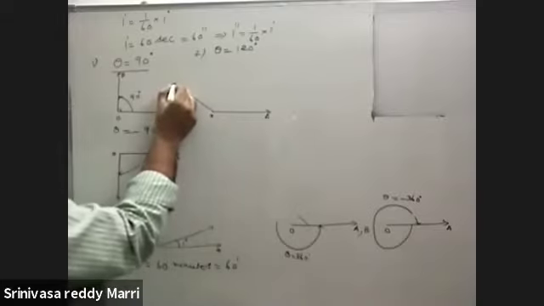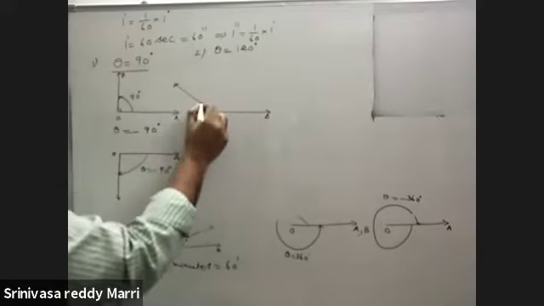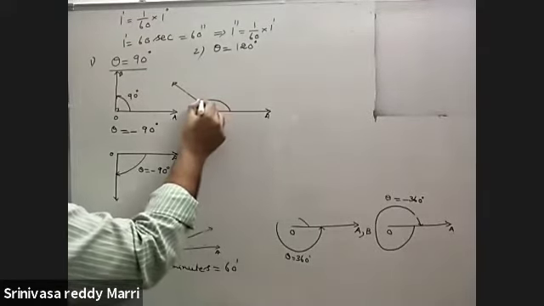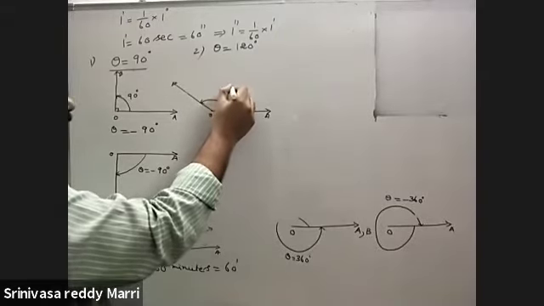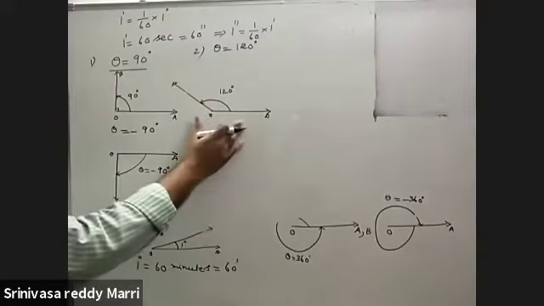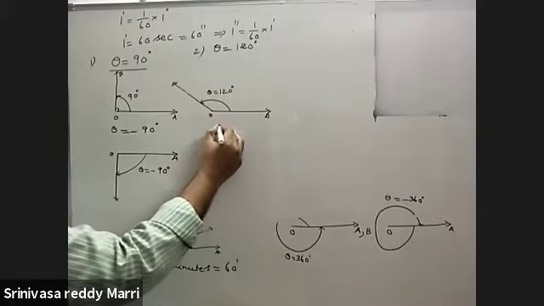You must have an idea. So this is 120 degree, an obtuse angle. More than 90 up to 180 is called an obtuse angle. This is theta equals plus 120 degree.